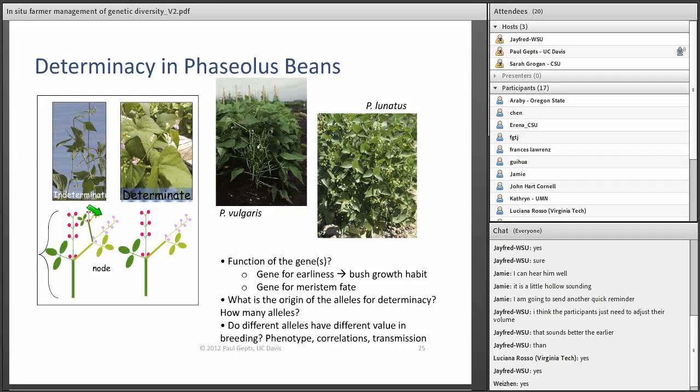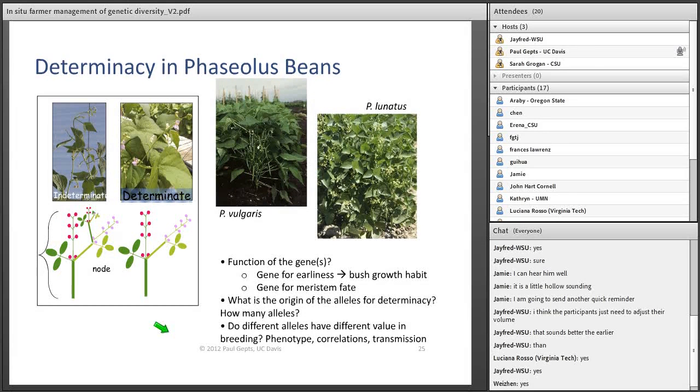And then at the lower altitude, you see race Mesoamerica coming up, and that is, like I told you, an ecogeographic race characteristic of the lower, warmer altitudes. Okay, so the farmers are aware not only of the morphology but also of the adaptation, and they tend to plant their fields according to this morphology and this adaptation.